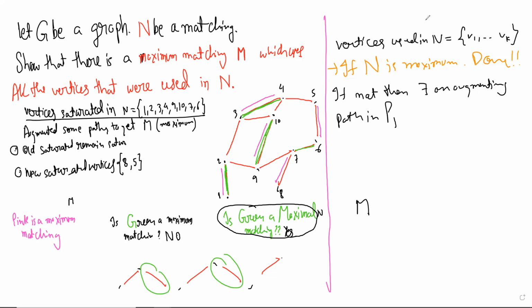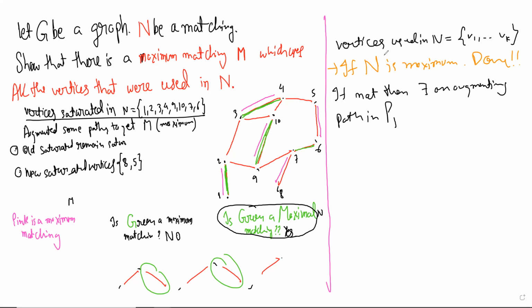This is critical. This is the kind of characterization you look for if you hope to find an algorithm for anything. You want this kind of local equivalent characterization: something where, if you don't see it, then you are sure that it is maximum.